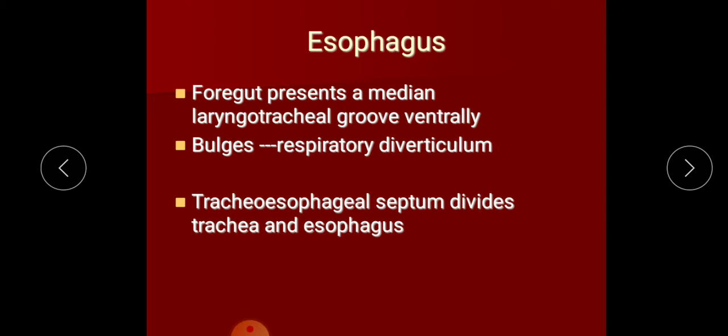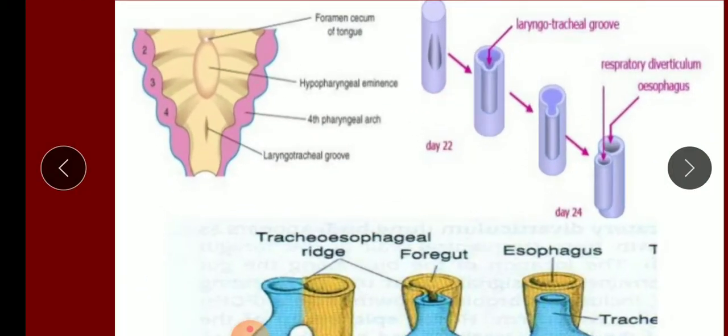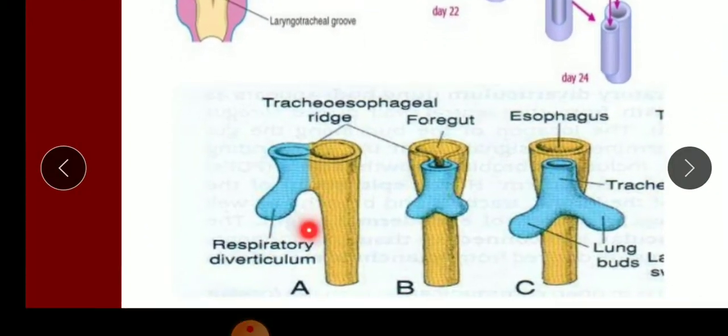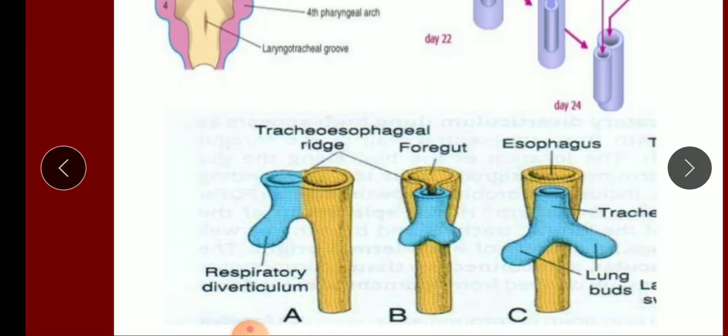Now this respiratory system has to get cut off from the digestive system. First you find a small groove developing there, or a septum. Look at that. This is the area where a small septum will develop. That septum will divide the trachea from your esophagus. In front you find the trachea, behind you find the esophagus. You call that septum the tracheoesophageal septum.